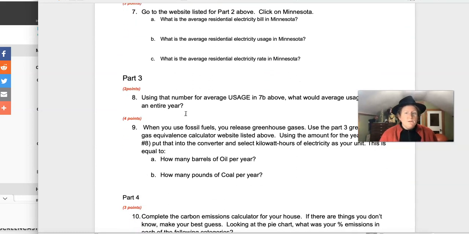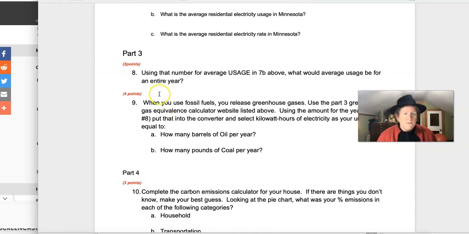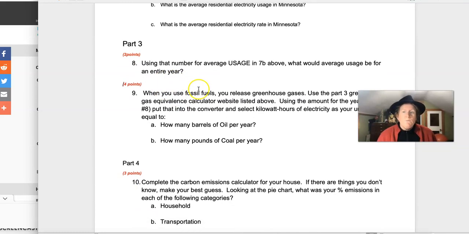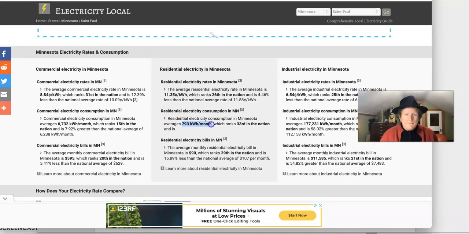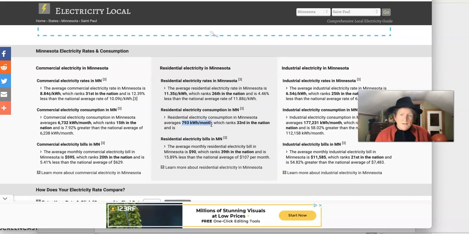If you're using the number for average in 7B above, what would be the average use for an entire year? Well, to calculate the entire year, go find the usage for a month and then multiply that by 12 months to get a year.